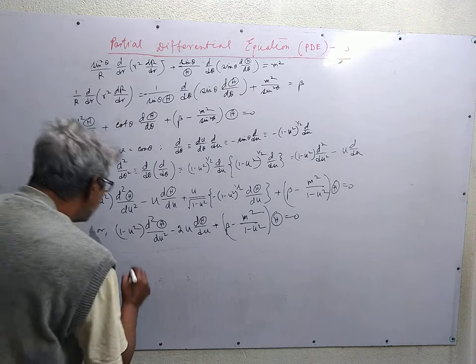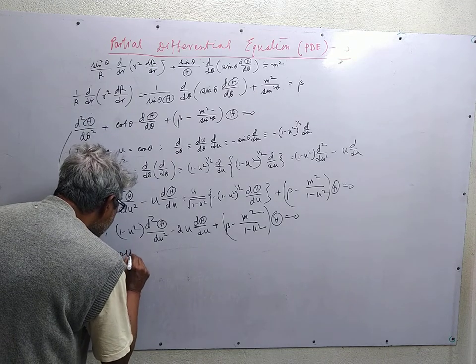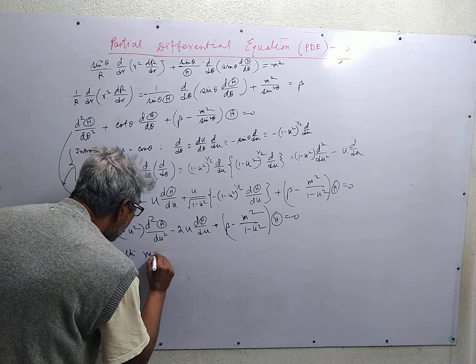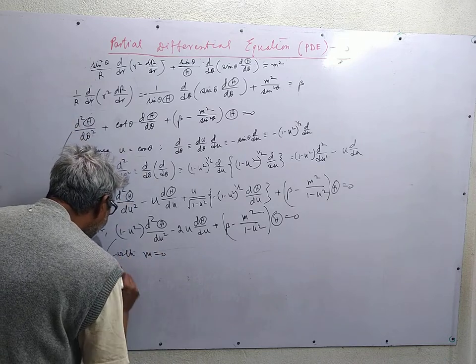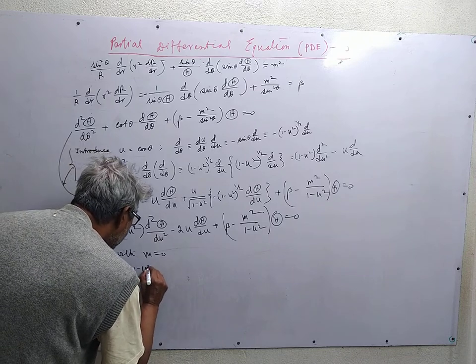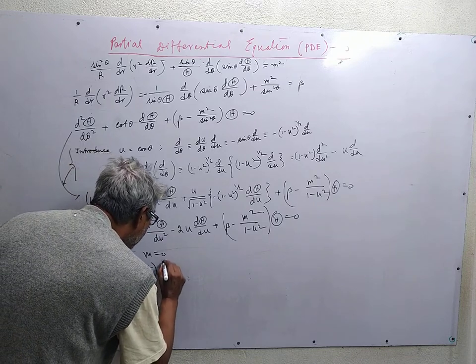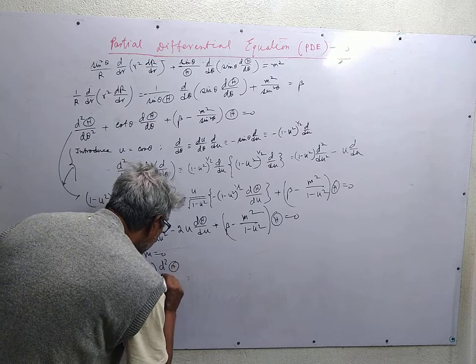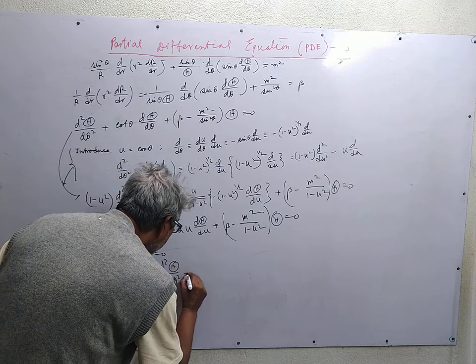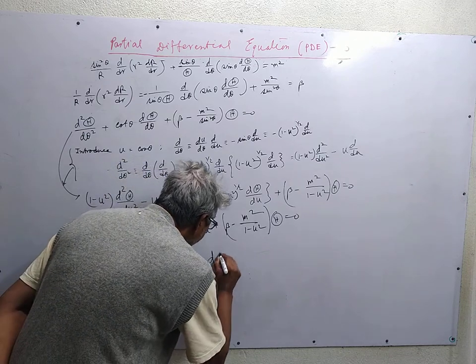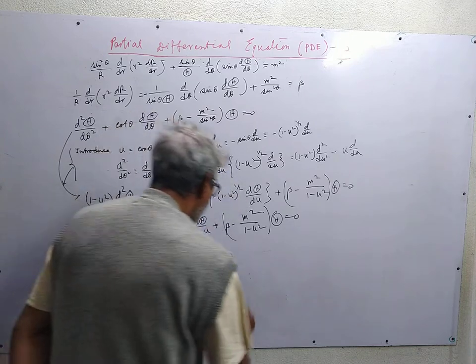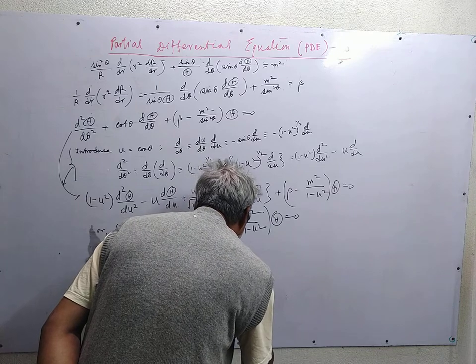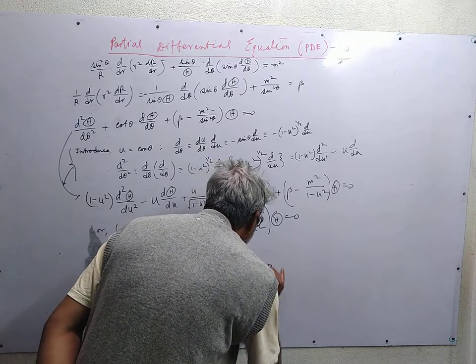With m is equal to 0, this equation reduces to (1 minus u square) d2 theta du2 minus twice u d theta du plus beta theta is equal to 0.